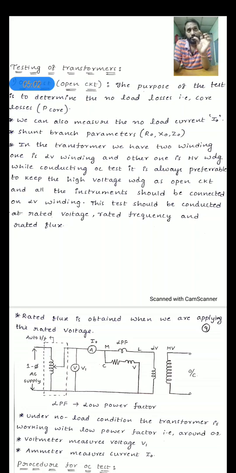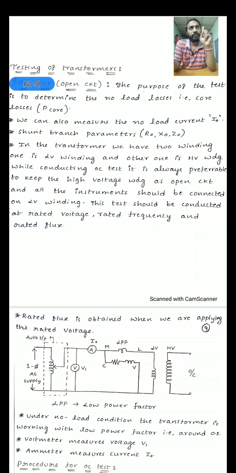To conduct the open circuit test, it is required to apply the rated voltage of that particular winding. We have one high voltage winding and one low voltage winding, so it is better to apply the rated low voltage than the rated high voltage. And it is very safe for the personnel also, that is, the person who is conducting the experiment is in safe mode when operating with 440 volts compared with 11 kV.